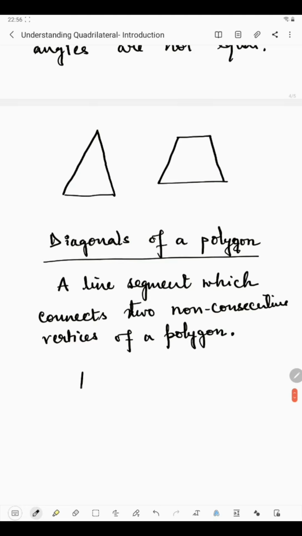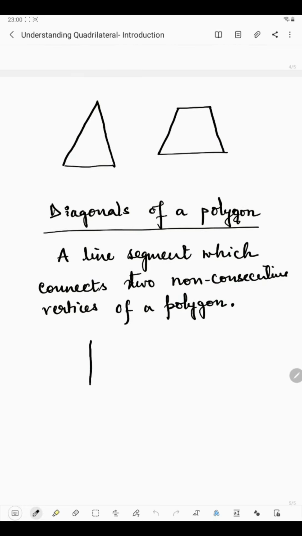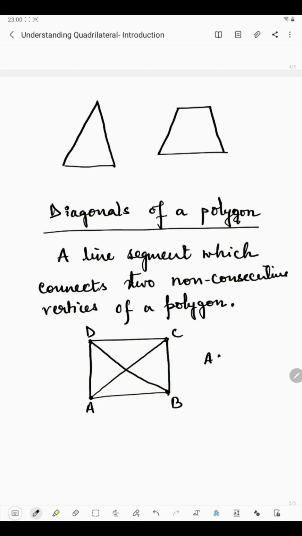Let us draw the figure. For example, in figure A, B, C, D, the non-consecutive vertices are A and C. So when you connect these two vertices, you will get a diagonal. Similarly, B and D are non-consecutive vertices, and when you connect these two, you will get a diagonal. So in this figure, AC and BD are diagonals.